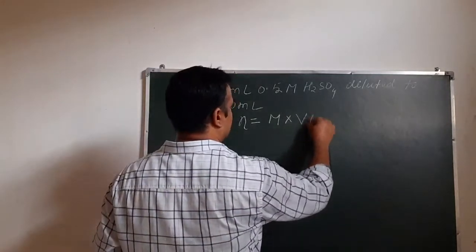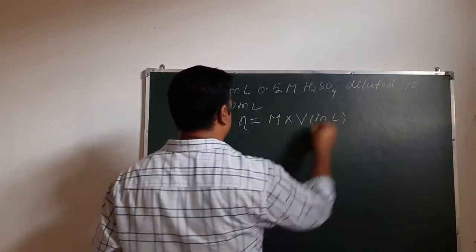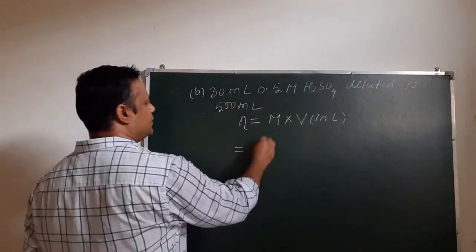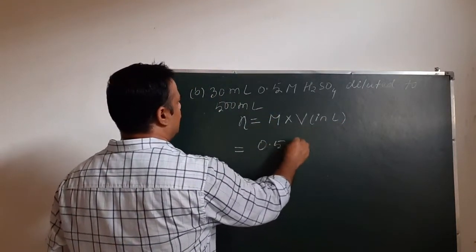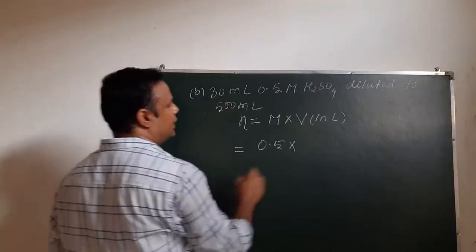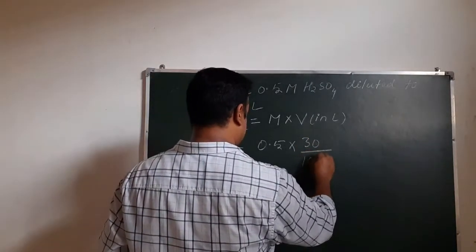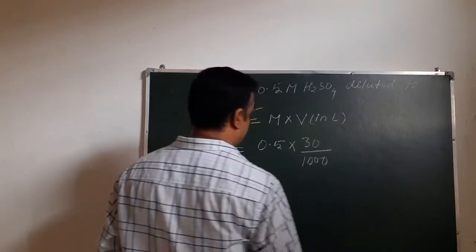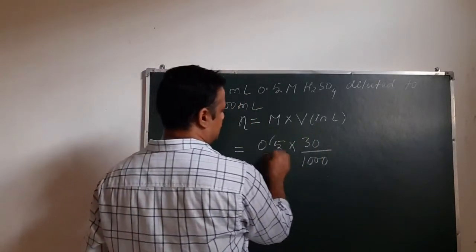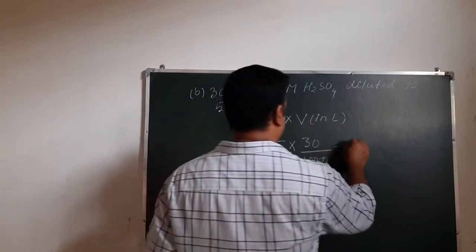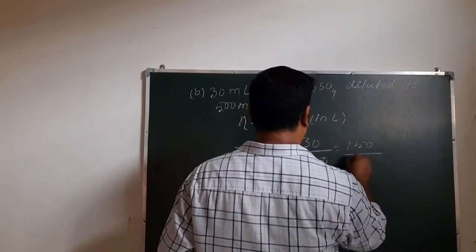And here we have to take this volume in liter. So molarity is given 0.5 and volume of solution here we have 30 ml. To convert into liter we need to divide it by 1000.